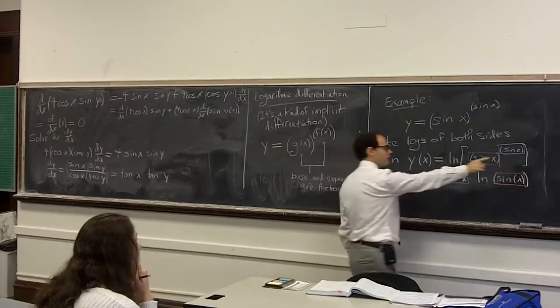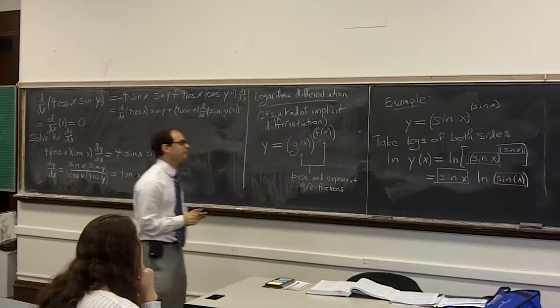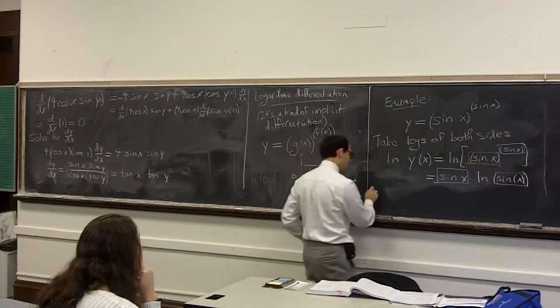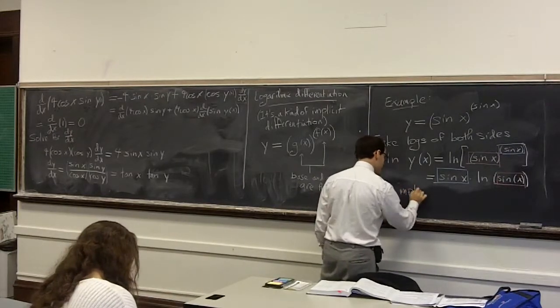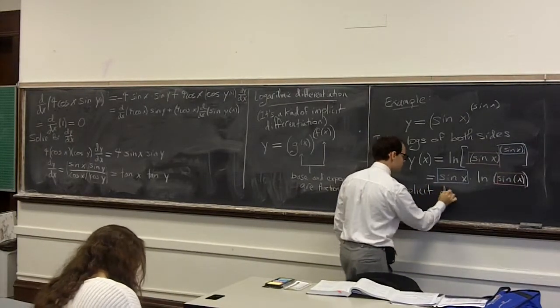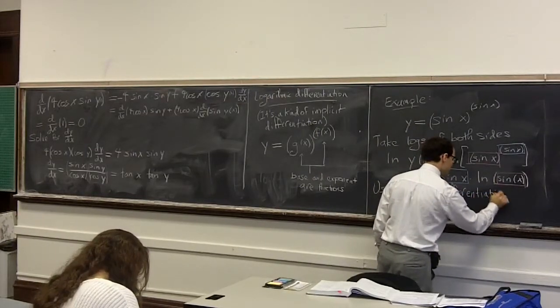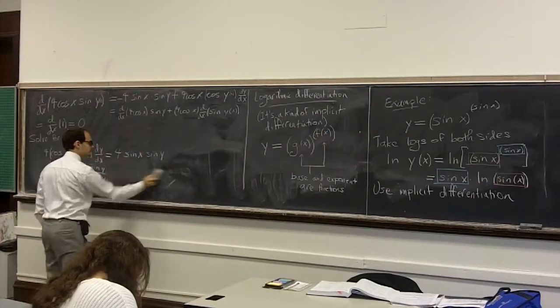So the exponent has gone out in front. Okay. So at this point now we use implicit differentiation. Okay, so let's go with that.